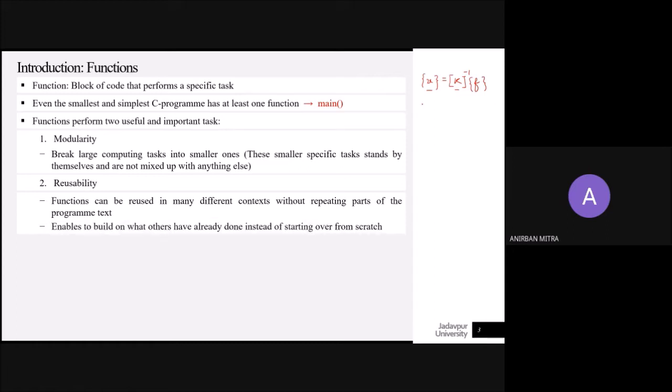Finally, one other aspect of functions is that it enables one to build on what others have already done instead of starting over from zero. We have used printf, we have used scanf in our course. So what are these? These are functions.